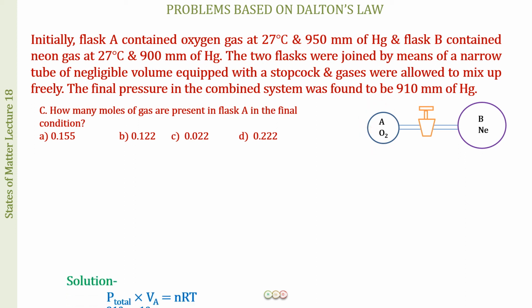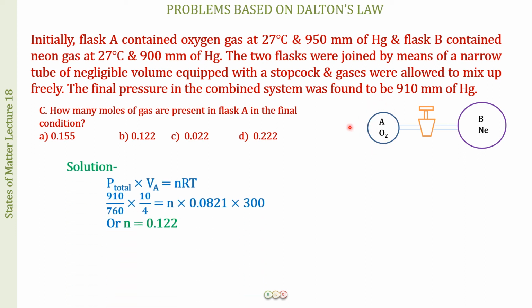So what we will be having as the relation is P total into VA equal to nRT, the number of moles of both gases that are going to be present. So this is going to be equal to 910 divided by 760, so as to get the pressure in atmosphere, multiplied by 10 by 4, that is the volume of flask A, equal to n into 0.0821 into 300, right?